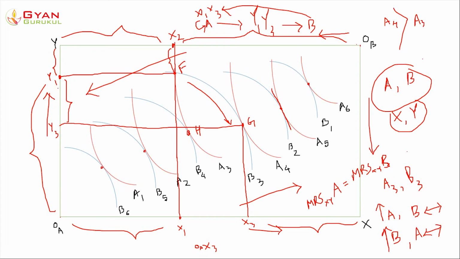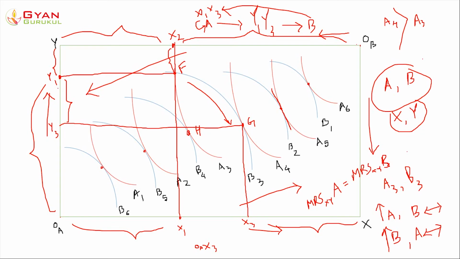In all these points. Here also if we draw a straight line, you see the slope of both curves is exactly the same, and the slope is nothing but the MRS XY of the particular consumer, right?